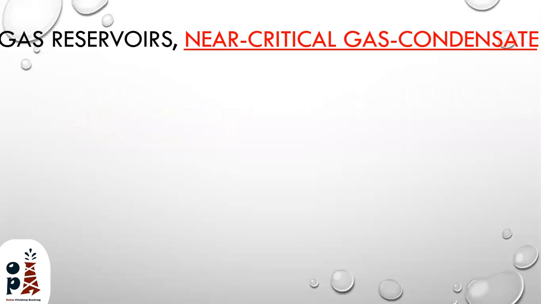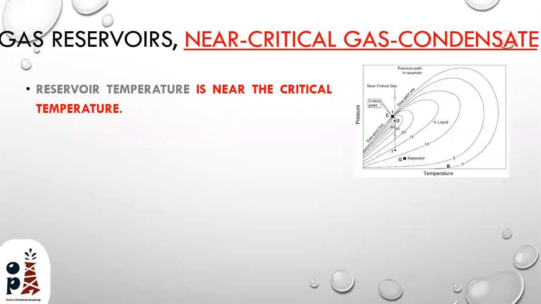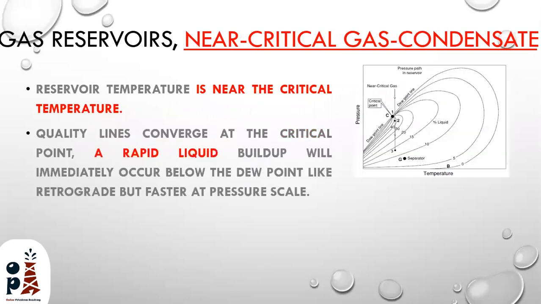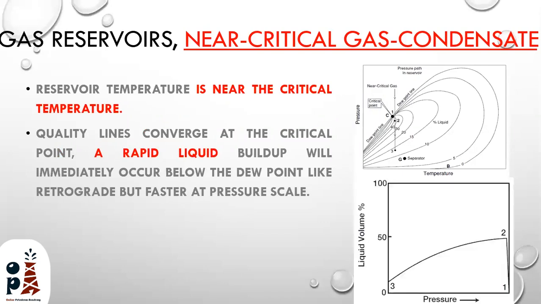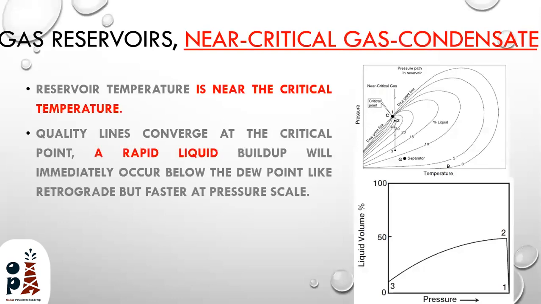For near critical gas condensate, the reservoir temperature is very, very near the critical temperature for this composition. Also, the temperature is located between the critical point and the cricondentherm. A rapid liquid dropout occurs as the pressure declines, as we see on the liquid dropout chart.